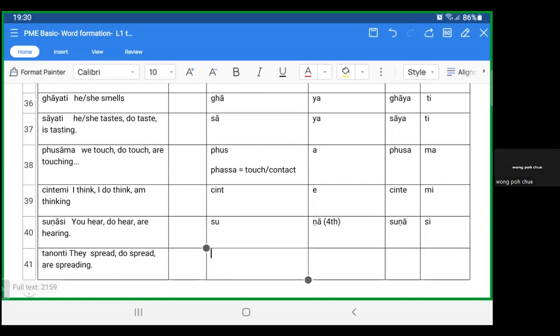Tan, T-A-N. What is the conjugation sign? O. So the verbal base is tano. The last one is entik.